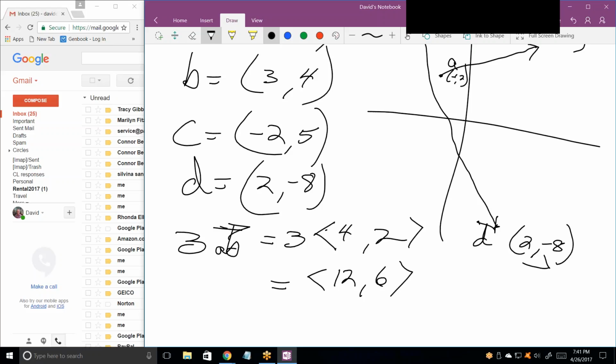What are examples of vectors? Force. You can apply a force of a certain magnitude in whatever direction you want. I can push up on something, I can push down on it, I can push to the right, I can push to the left, I can push at whatever angle. And I can push at varying degrees of force. So that's a vector. Another vector is velocity.